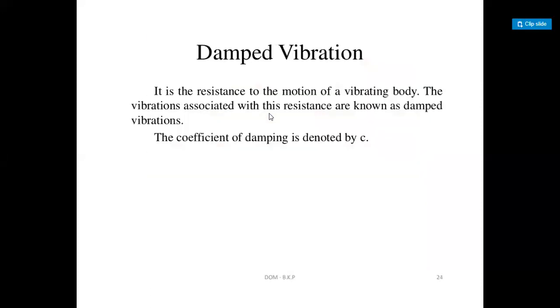Next, damped vibration. What is damped vibration?